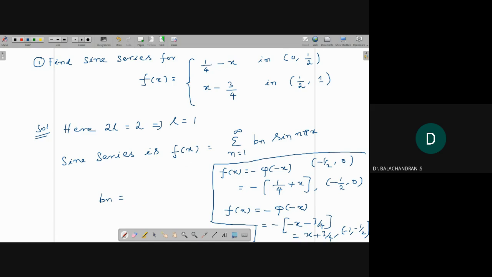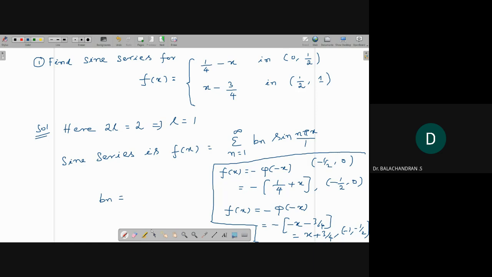Okay. So I'll keep this as it is, maybe if you want to refer to it later. So now I need the half range sine series, that is f of x is equal to summation n equal to 1 to infinity b n into sine n pi x by L, where L is 1.